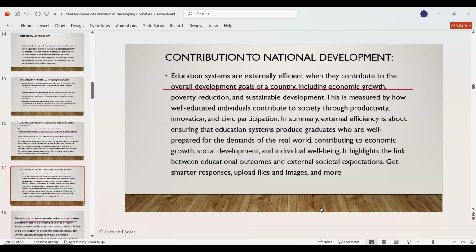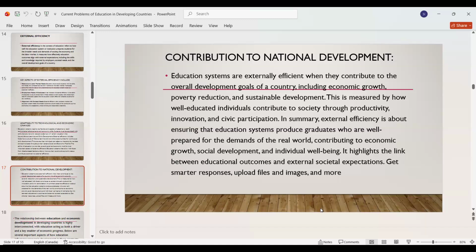So this is measured by how well educated individuals contribute to society through productivity, right? So the productive citizens. So the schools have to provide productive citizens to the society.